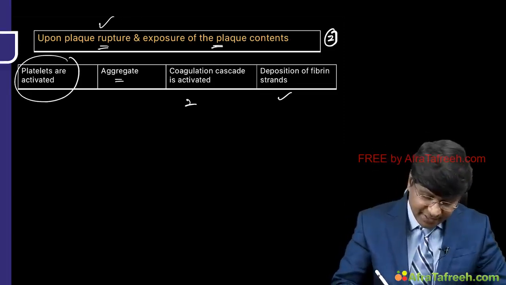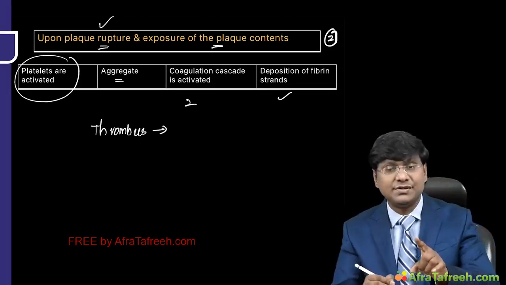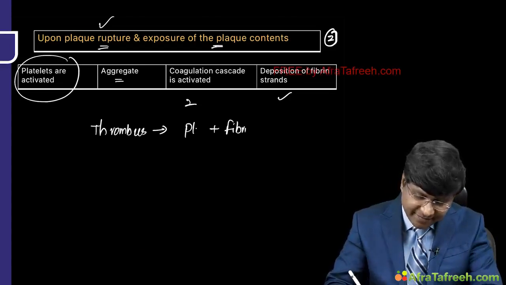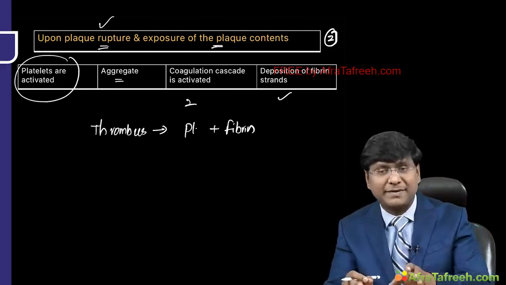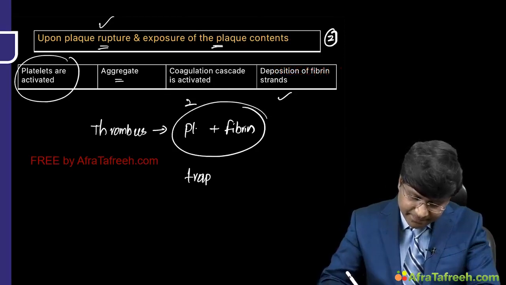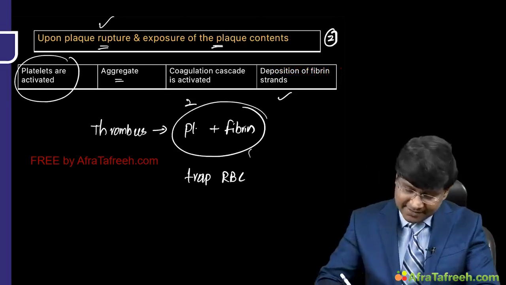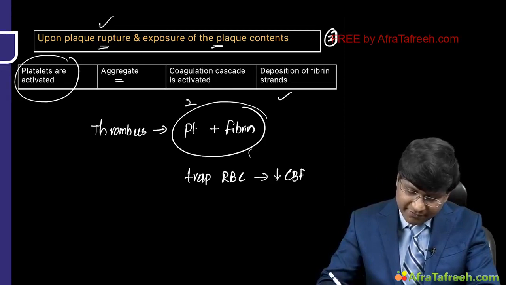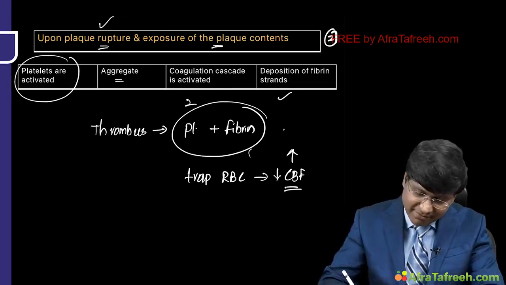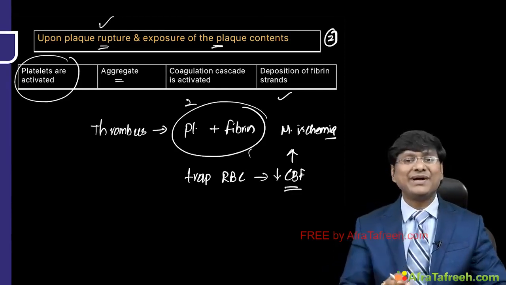Now, this particular thrombus, which is composed of the platelets as well as the fibrin strands, they trap the red blood cells, and thereby they will reduce the coronary blood flow, and that will lead to the myocardial ischemia.